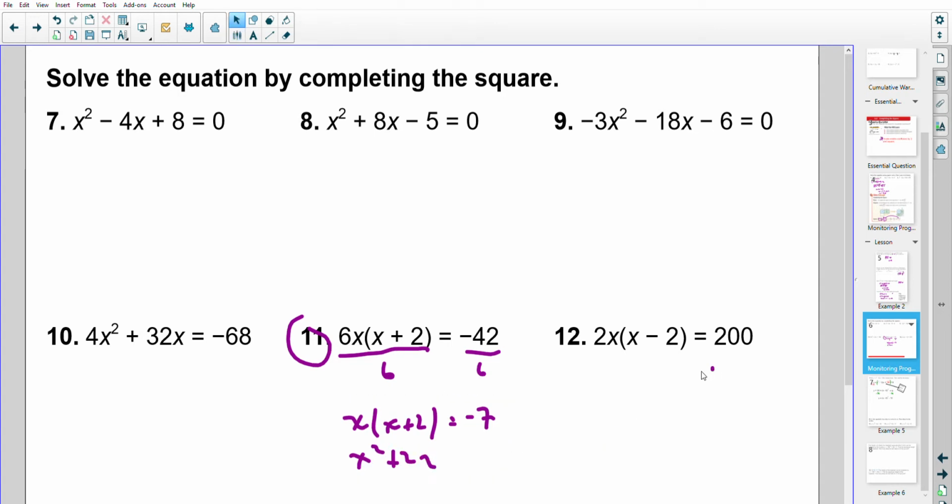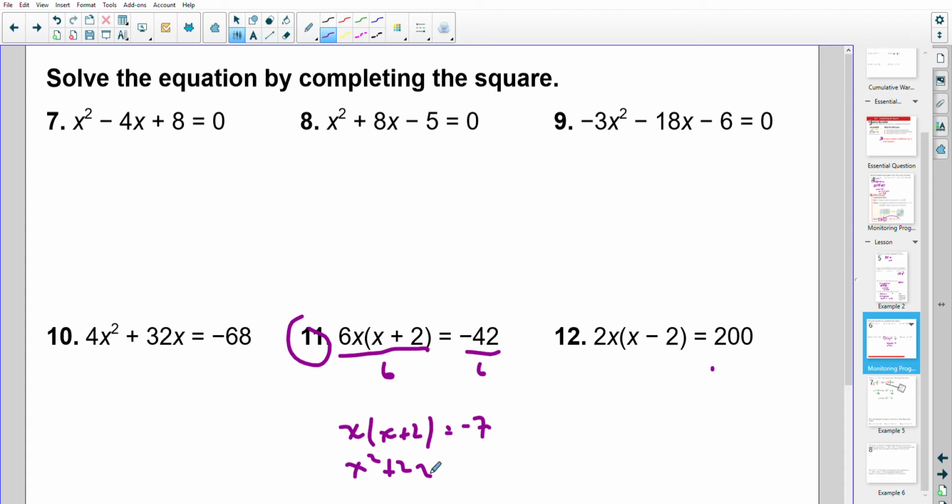And often in this case, you can go ahead and leave a space on the left side because you know you have to add something in. So in this case, you're going to divide by 2 and square, and that's going to be +1 plus 1. Again, this is going to be no solution because you're going to have a square equaling a negative number.